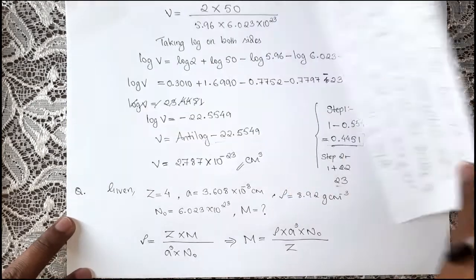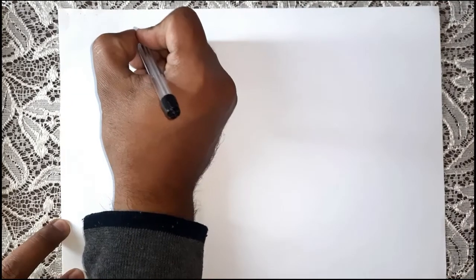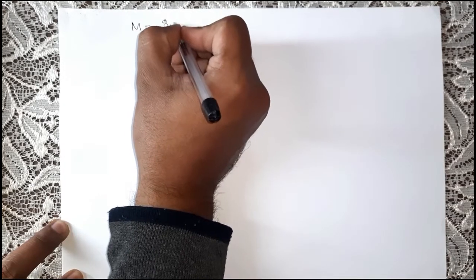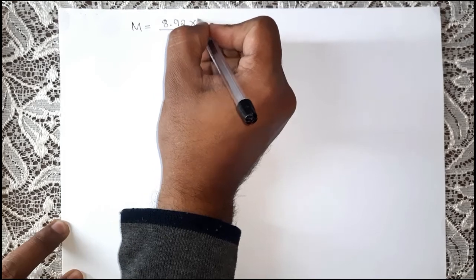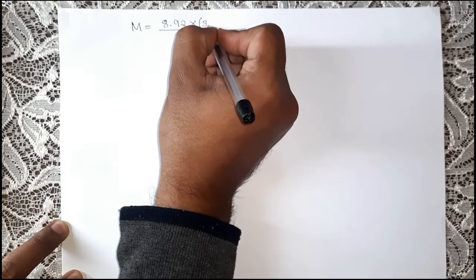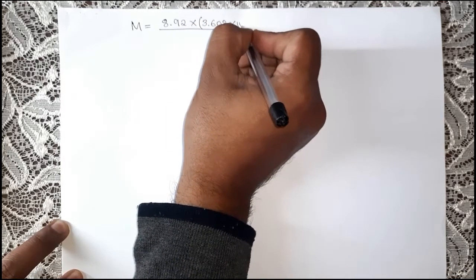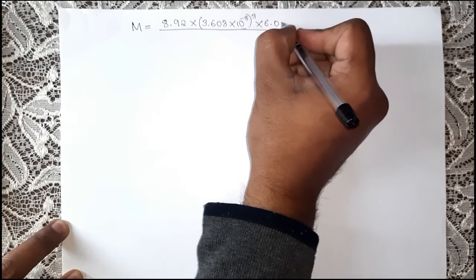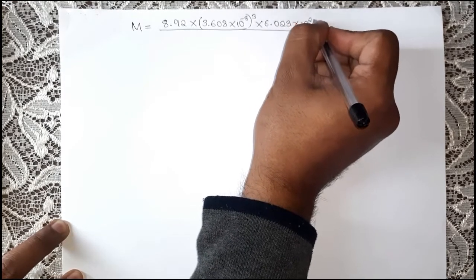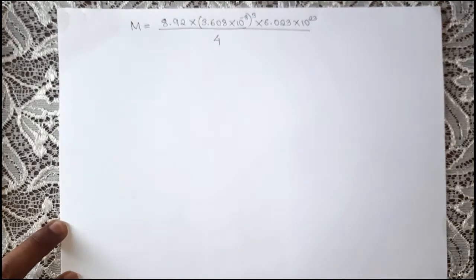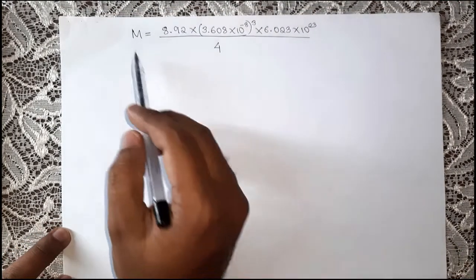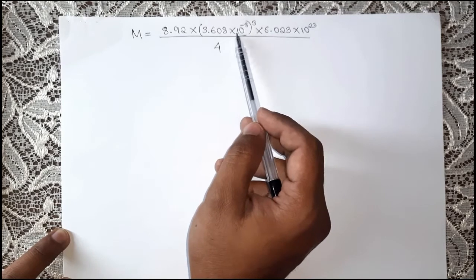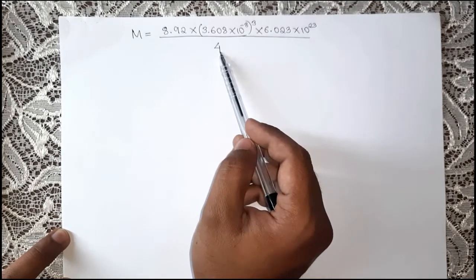Now I will write down the values. So M is equal to 8.92, which is density, into 3.608 into 10 to the power minus 8, whole thing cube, since it is a cube, into Avogadro's number divided by Z, which is 4.